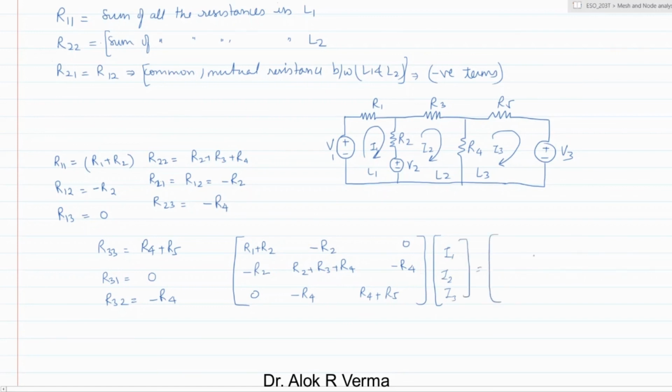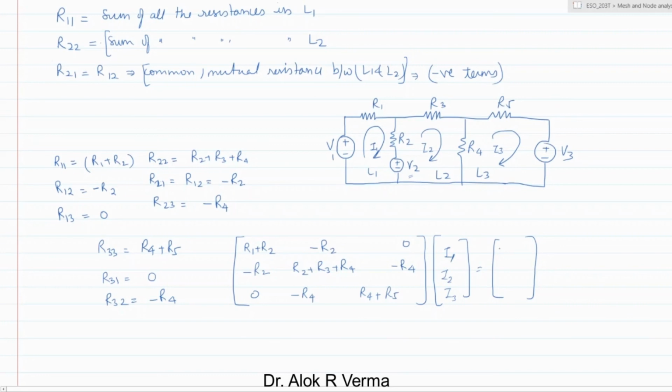Now what is the total voltage? If you see in the direction of current, if it is rising, it will be taken as positive. Now what is the total voltage appearing in mesh 1, supporting the current to flow? We see that the current is opposed by this V2. This source will try to produce the current in the clockwise direction, and this source will be trying to suppress that.